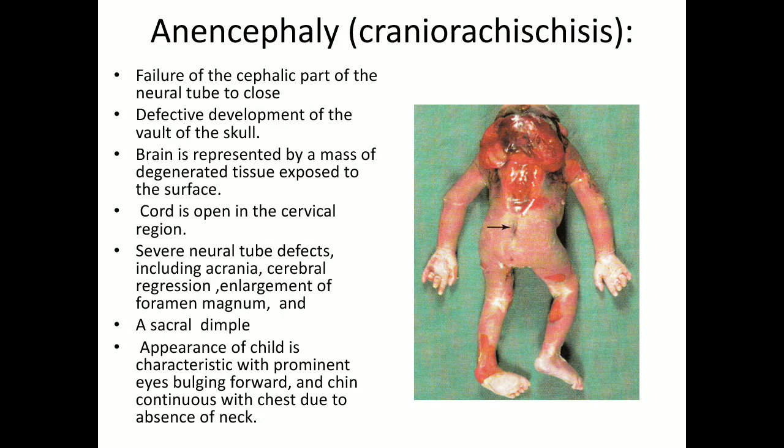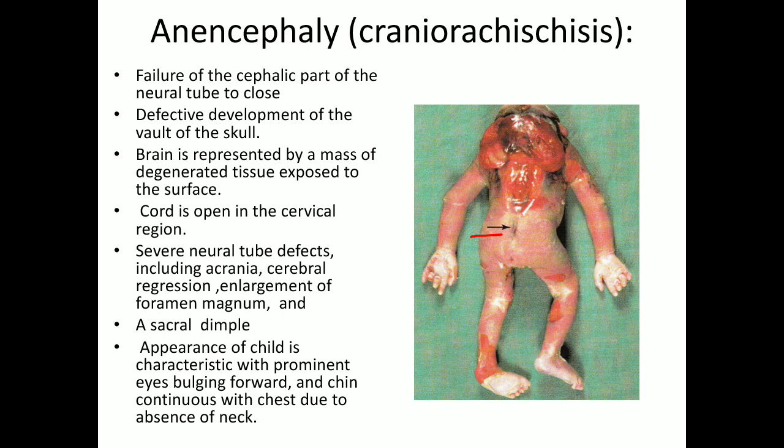This is a severe type of neural tube defect, and it includes acrania, meaning absence of the cranial vault, which will lead to cerebral regression, and there is enlargement of the foramen magnum. You can see a surface depression in the sacral region, that is the sacral dimple, marked by an arrow in this diagram. The appearance of the child is with prominent eyes bulging forward, and the chin is continuous with the chest due to absence of neck.